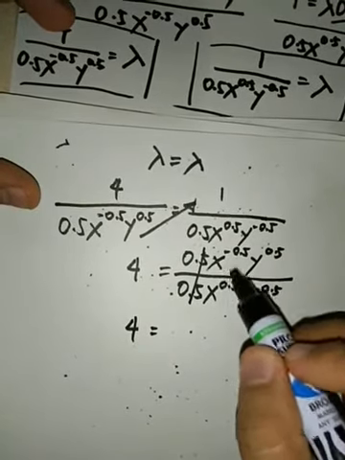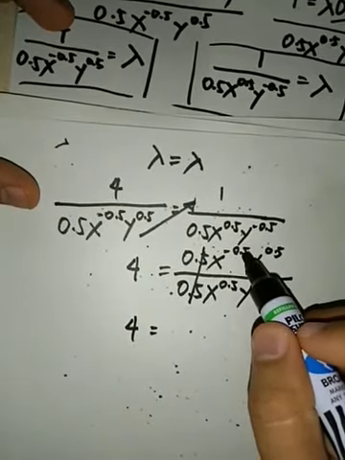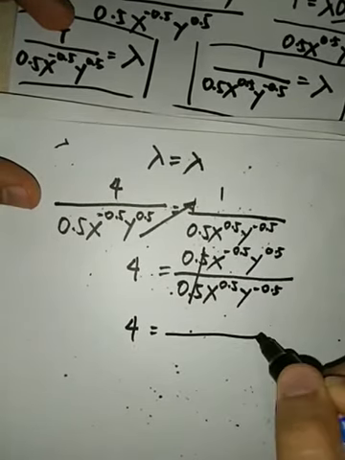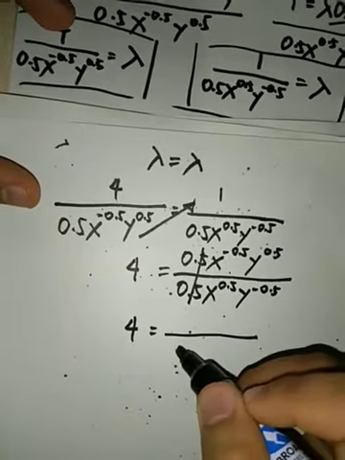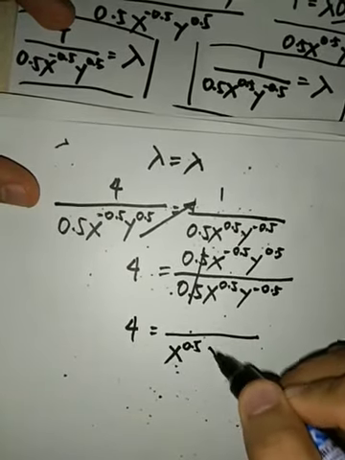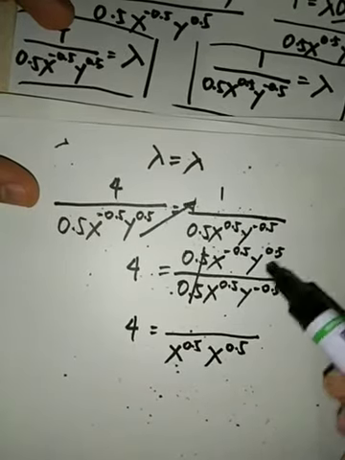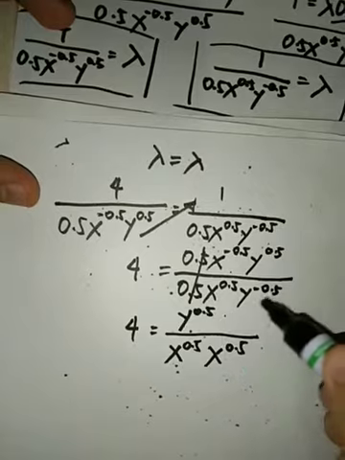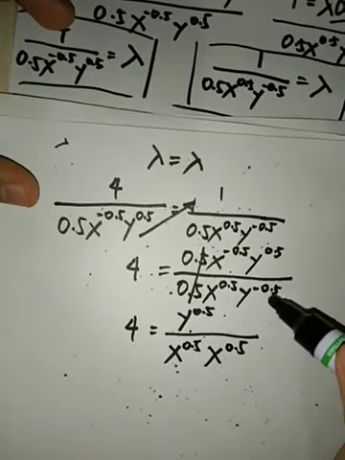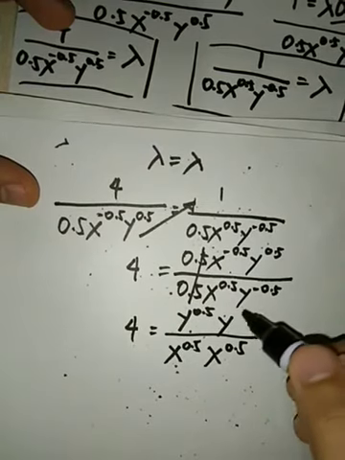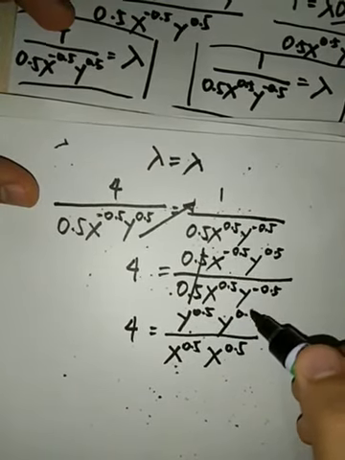Therefore this x raised to 0.5 goes to the bottom, so copy this 0.5 to put it at the bottom. Then copy the negative exponent at the bottom and move it to the top together with the variable y.